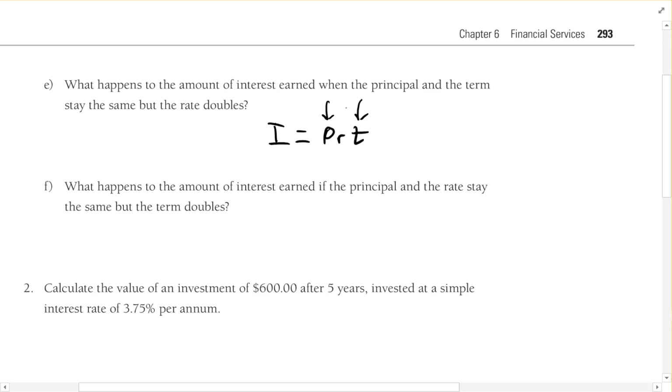So the number stays the same, but R doubles. So if R doubles, really that's going to make the whole thing double, right? If any number in here doubled, that would make my answer in the end double, because really you've got like 2R is what's happening there, right? So it would double as well.